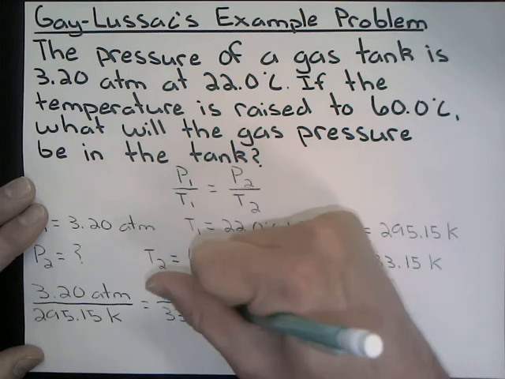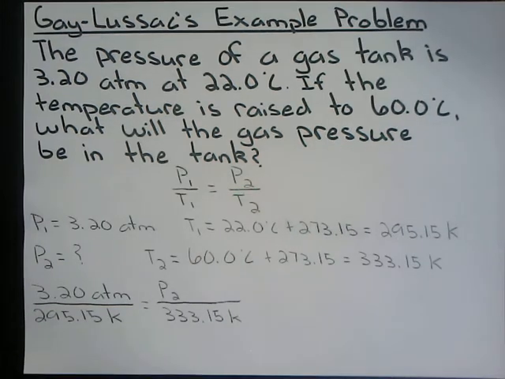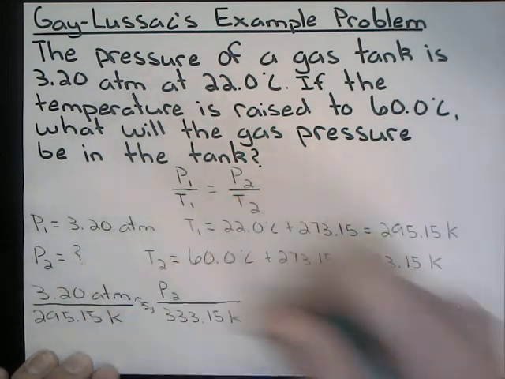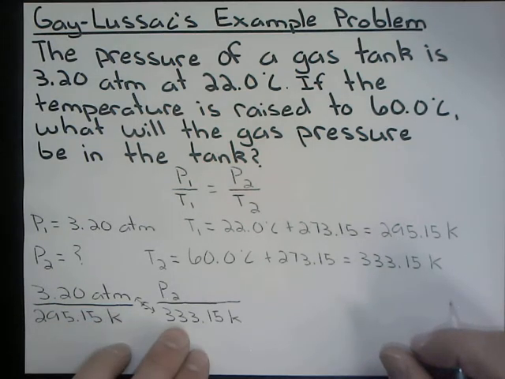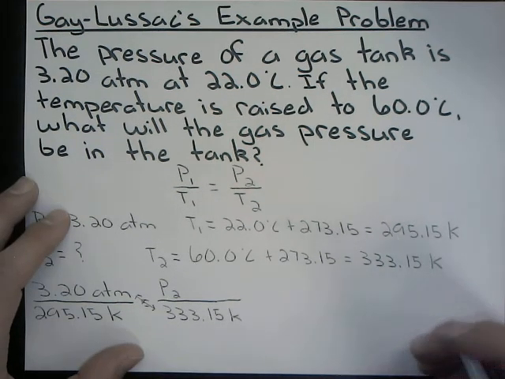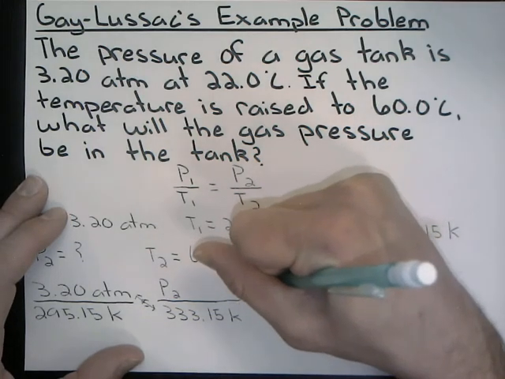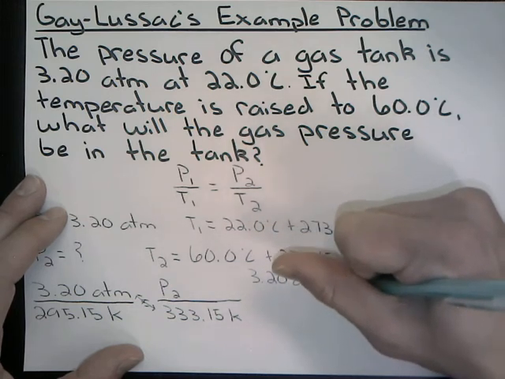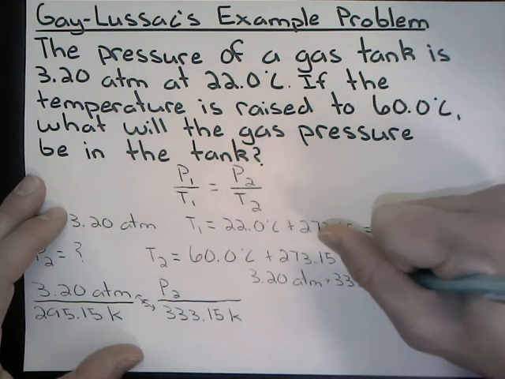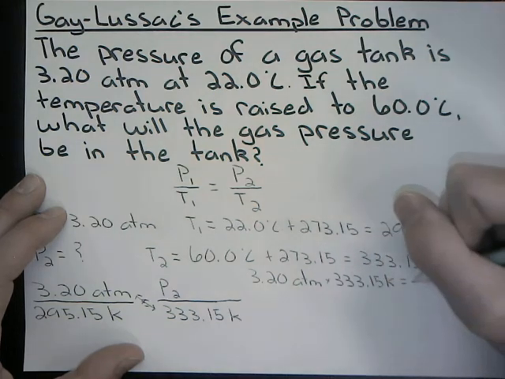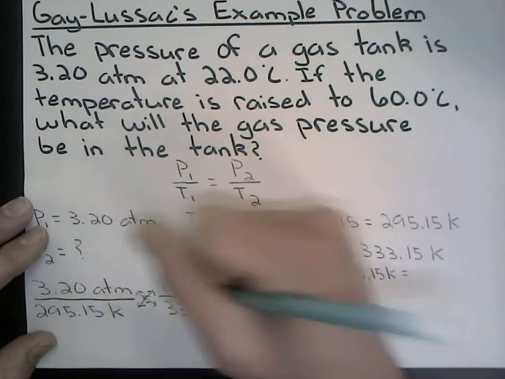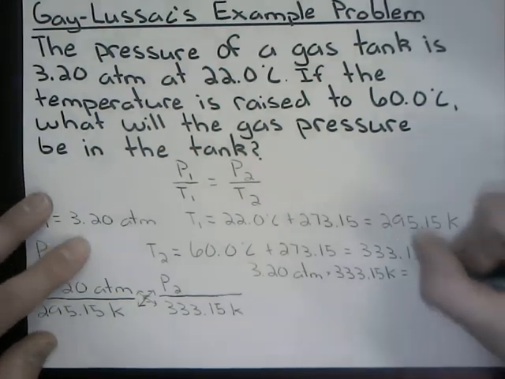Again, just like I did in my Charles's law problem, I'm going to cross multiply and just write these values down. So I cross multiply my first values here of 3.20 atmospheres times 333.15 Kelvin. I set that equal to the second thing that I cross multiply, which is P2 times 295.15.